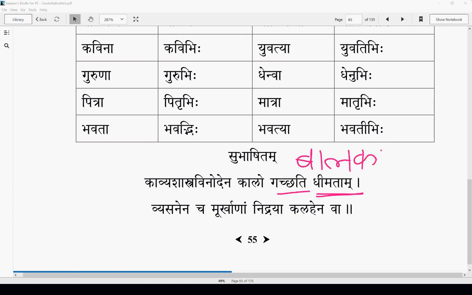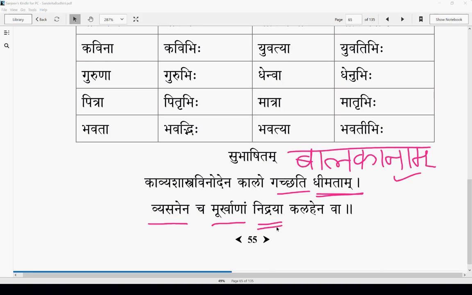Yeah, Shashti, Bahuvachanam. Balakasya is Ekavachanam. Balakanam, Ramanam, Bahuvachanam. Vyasanena. What is the vibhakti here? Tritiya. Murkhanam. Shashti. Yeah, like Balakanam.